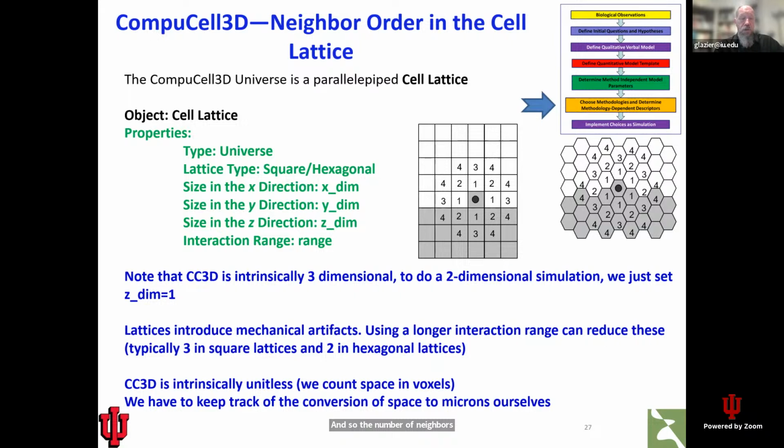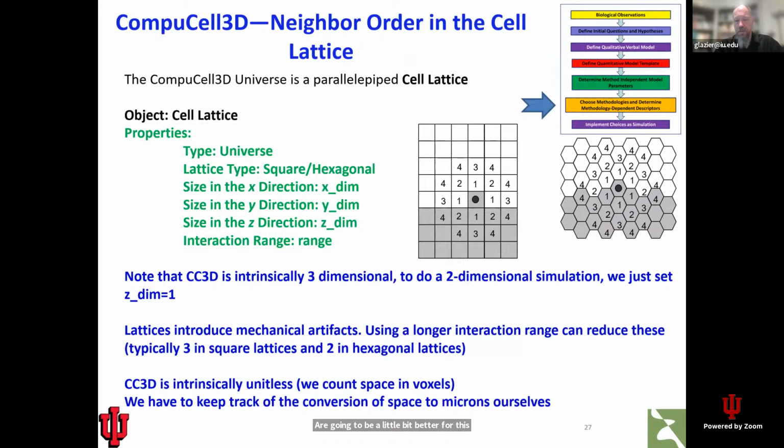And if you change the interaction range, you have to keep track of that by hand. CompuCell doesn't divide automatically for you. That's something we've talked about implementing, but it's not implemented yet. In general, longer interaction ranges, 3 or 4 in square lattice, 2 in hexagonal lattice, are going to be a little bit better for the simulation.